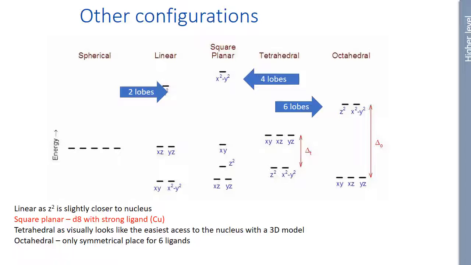If you have 6 ligands, you have to be octahedral because there's no other possible symmetrical formation that you can actually form. And these are the splittings here anyway. It doesn't make a difference if delta naught is high or low. With 6 ligands, you're always going to end up with an octahedral configuration.